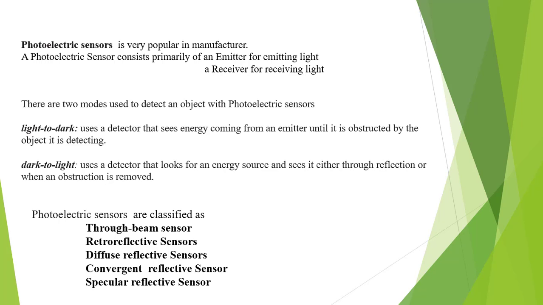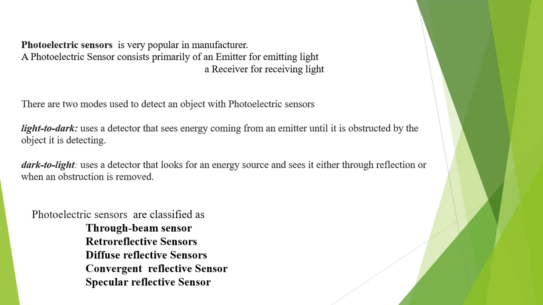Light to dark means the light goes from the emitter to the receiver. When the object blocks the light path, it is called light to dark. The light doesn't return to the receiver.